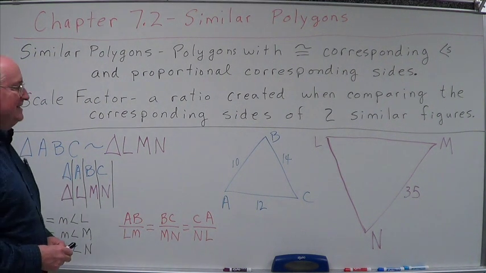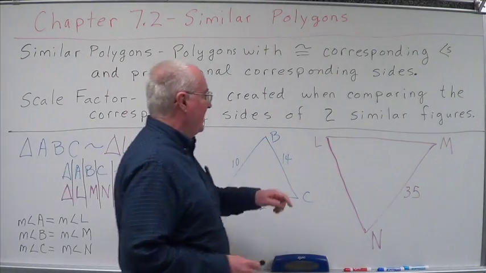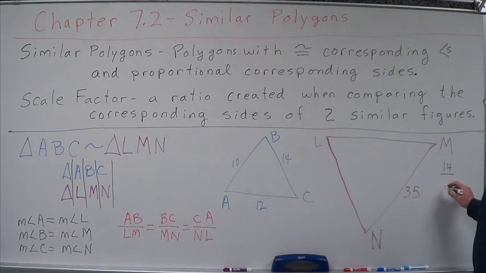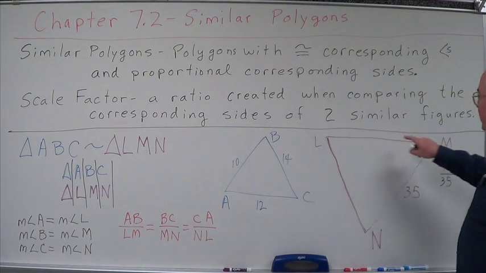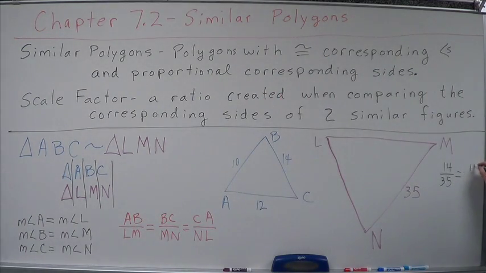So what we've got is MN corresponds to BC. So we have 14 is to 35. And if we want to find LM, which corresponds to AB, we can set that equal to 10 is to X. Now, with proportions, we cross multiply. 14x equals 350. X equals 350 divided by 14.